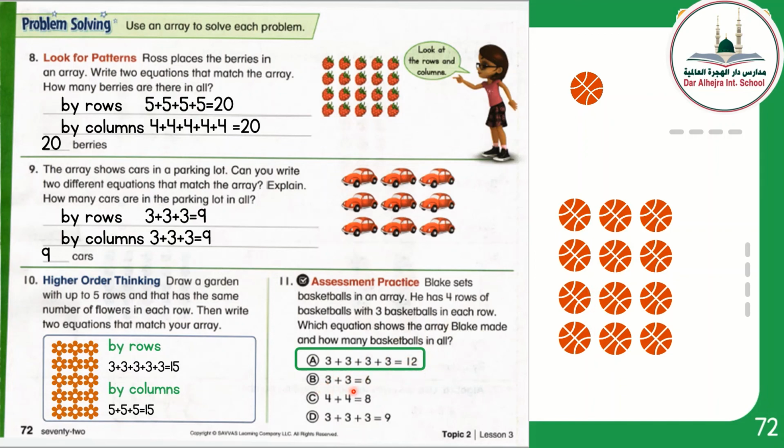Let's check the others. 3 plus 3 means there are only 2 rows. Here again, 4 plus 4, if I count by columns, it's not matching the array, because it should be 4 plus 4 plus 4, 3 times, but here I can see 4 only 2 times. If I check this one, 3 plus 3 plus 3, that's 3 only 3 times, it has to be 4 times, so it's not matching the array. So the correct answer is A.